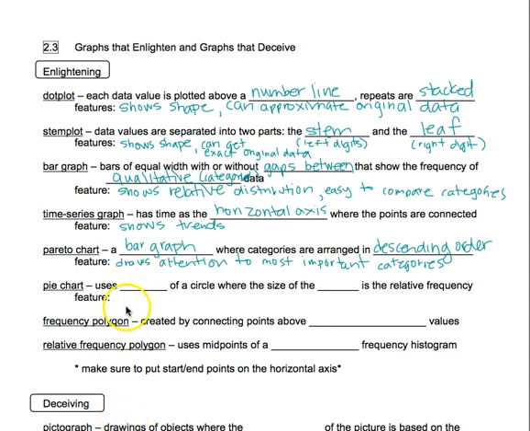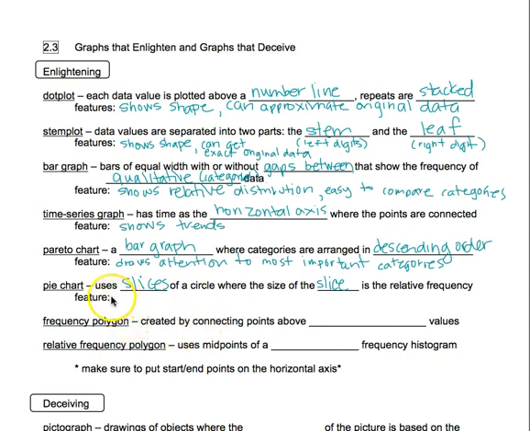Pie chart, this one you all know, you've seen a million times. It uses slices of a circle where the size of the slice represents the relative frequency, so the percentage.